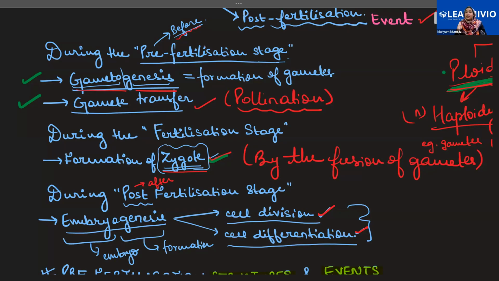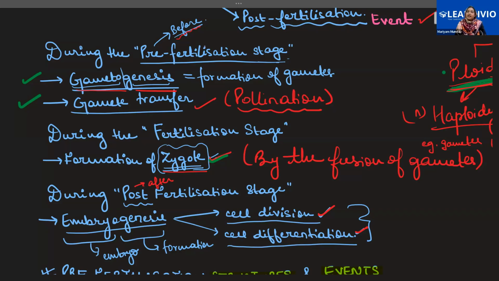So obviously, the foremost thing has to be the formation of gametes. So that is what happens. Then, in order to be fused with each other, the gametes have to meet each other physically, right? So that takes place by gamete transfer, which is called pollination. Clear?